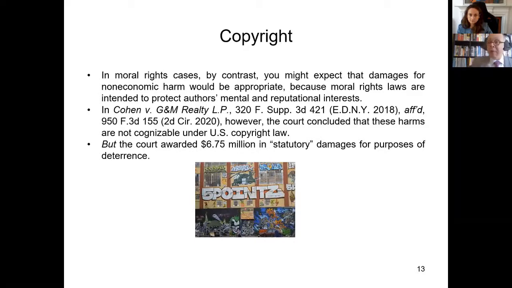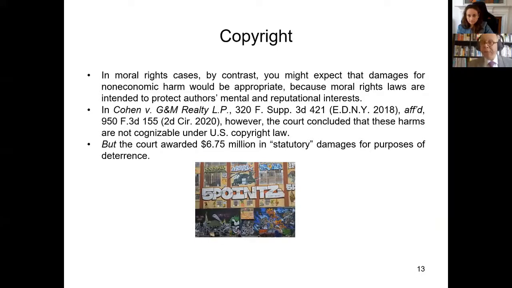However, we do have this other option in the US in copyright cases of awarding so-called statutory damages, which are not necessarily tied to any amount of actual harm. Rather, the trier of fact can award damages ranging from $750 to $30,000 for each work that is infringed.